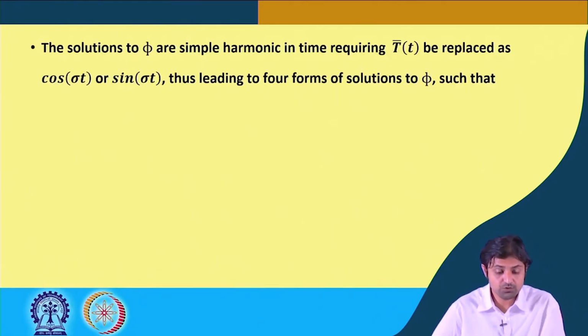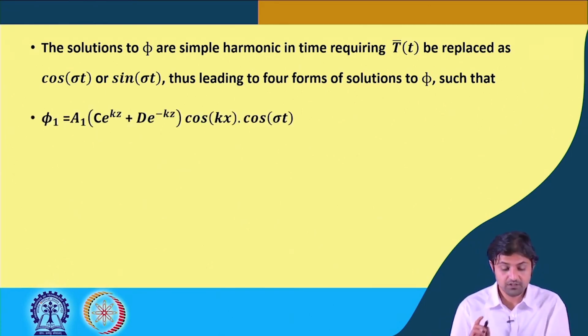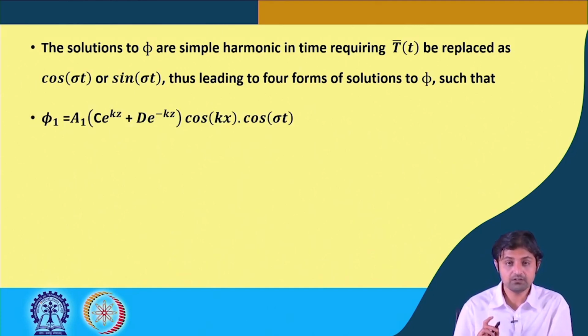Now, the solutions to phi are simple harmonic in time. That is because we know from before that they are waves and periodic in time. Therefore, T bar can be simply replaced by cos sigma t or sin sigma t, and therefore, with each of the values of sin sigma t or cos sigma t, we have 4 forms of phi.